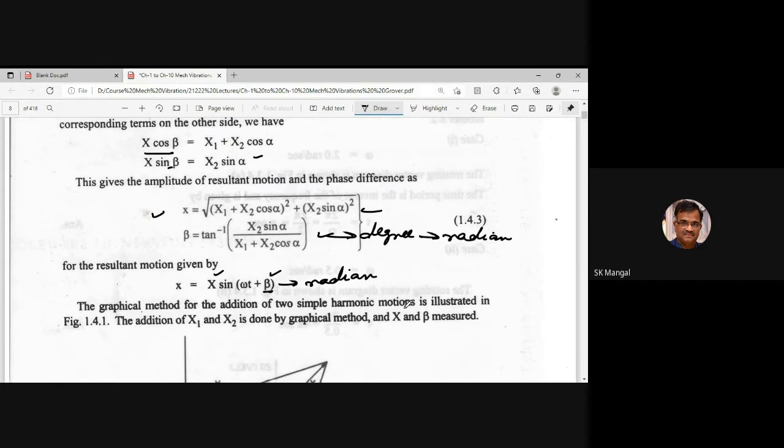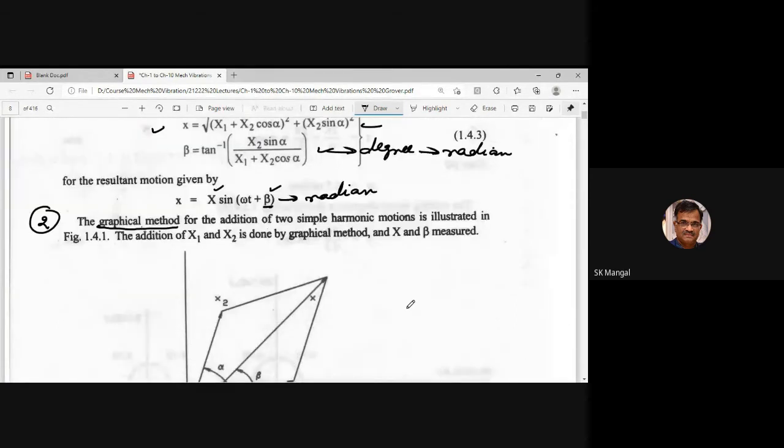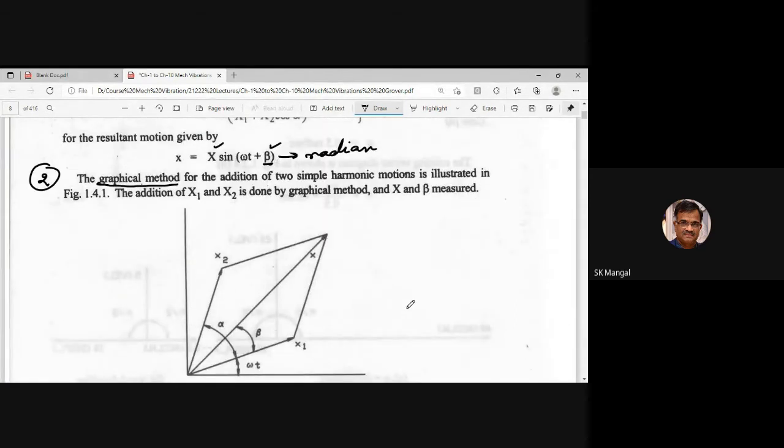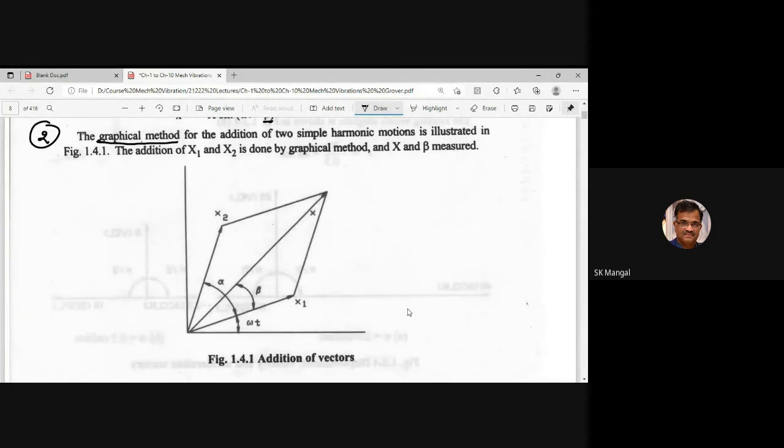The second method is the graphical method. So here you will first plot x1, nothing but x1 sine omega t.